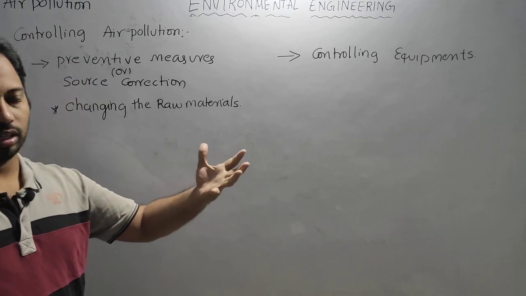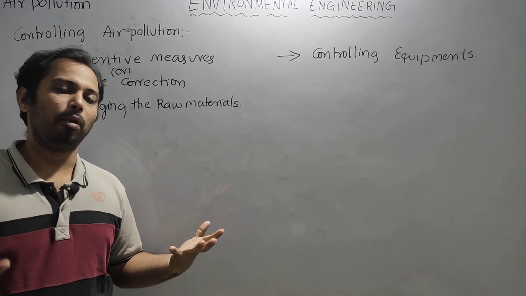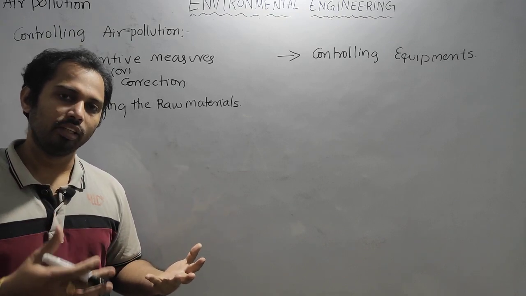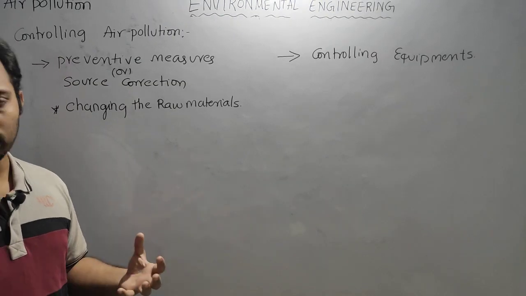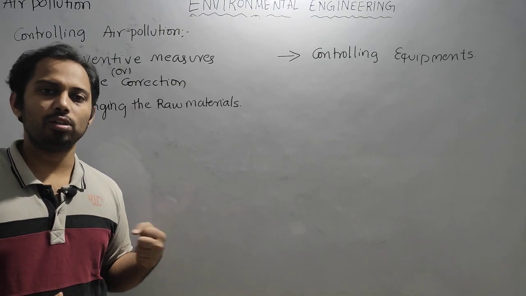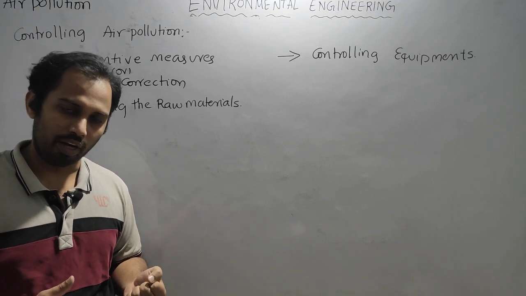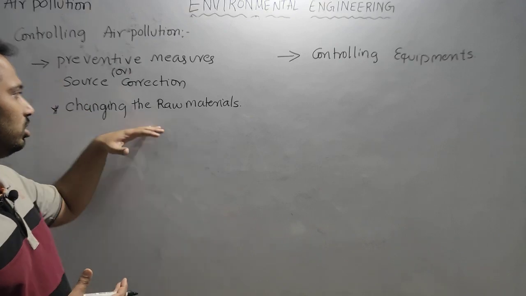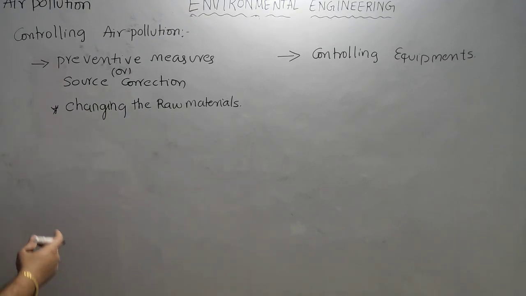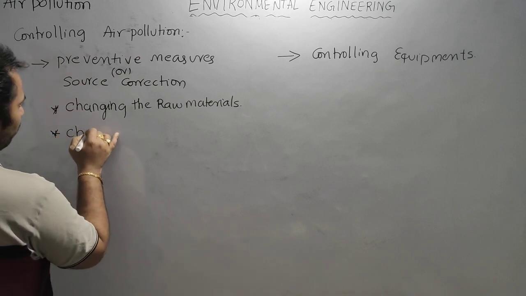So if you reduce that cement usage by using supplementary cementitious materials such as fly ash, GGBFS, and these days we have also invented geopolymer concrete, without cement we can gain strength. Without cement, we can achieve a strength of M25. That is nothing but change of raw materials and change of manufacturing process.